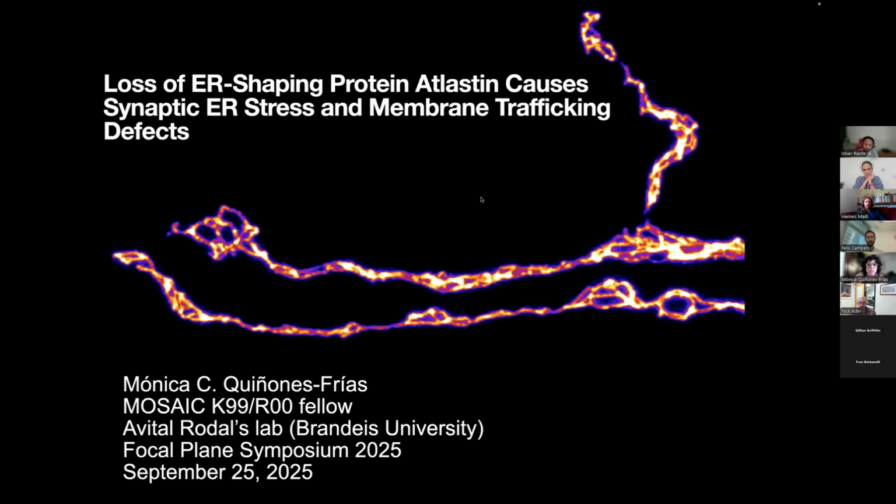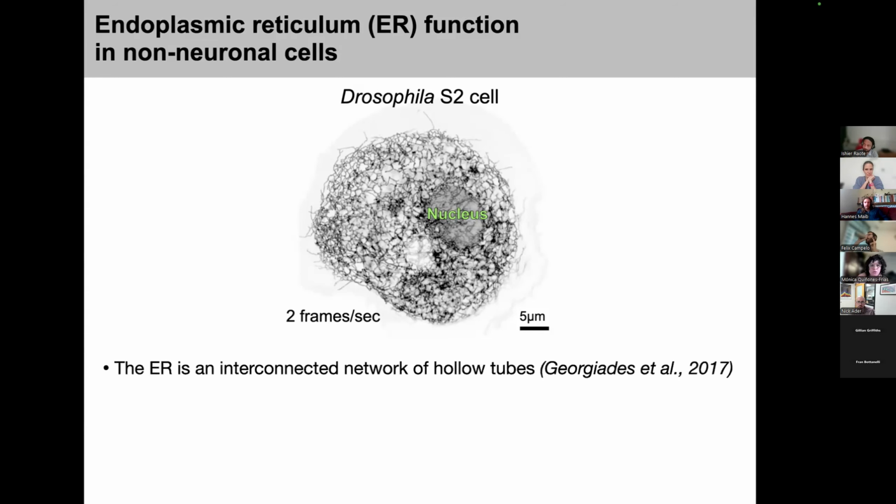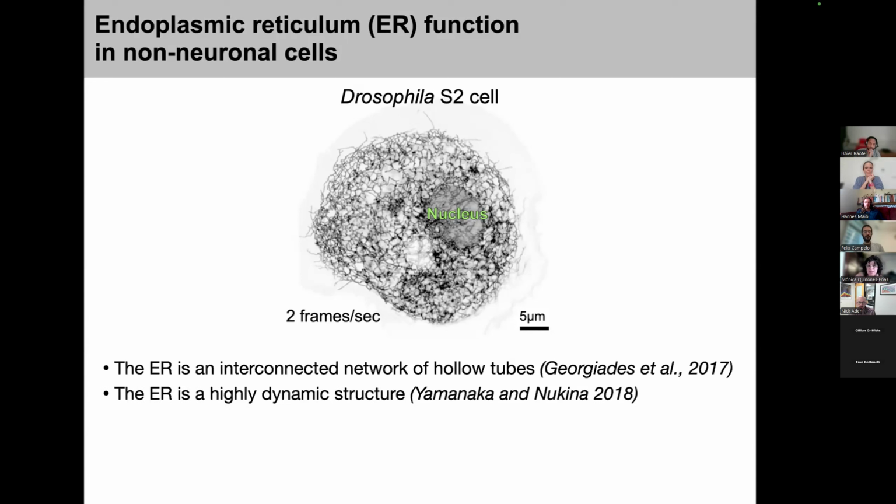But before I jump into talking about neurons, I wanted to highlight some of the work that has been done in non-neuronal cells that lays the foundation for the work that I'm going to be telling you about today. The ER is an extremely large and highly interconnected network of hollow tubes that's highly dynamic.